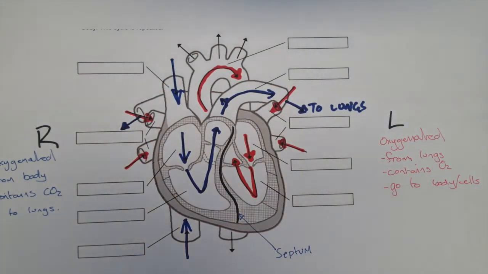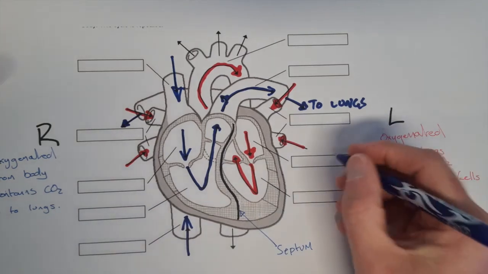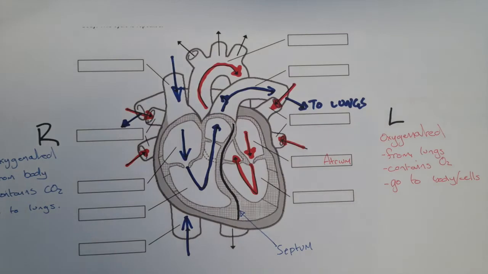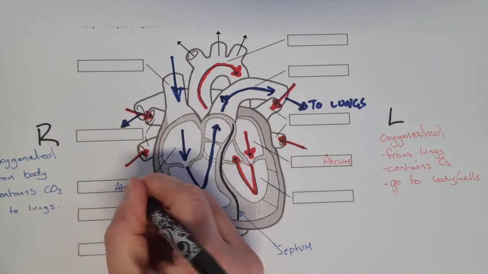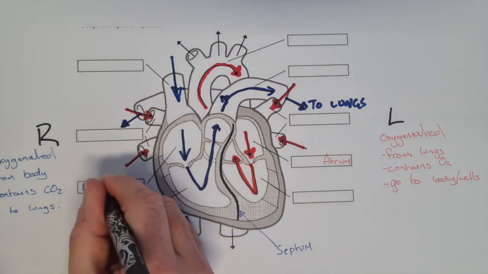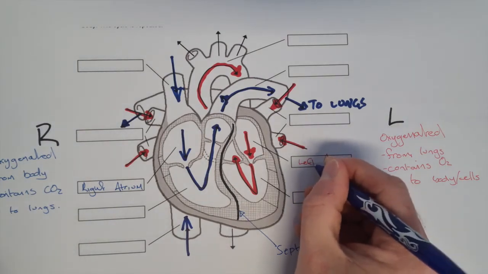All right, so in terms of what we've got, we've got a 4-chambered heart, 2 top chambers, 2 bottom chambers. Our top chambers are what we call atriums. Okay, so we've got an atrium on the left, an atrium on the right. And they're literally named that. So, right atrium is your atrium on the right, and your left atrium is your atrium on the left.